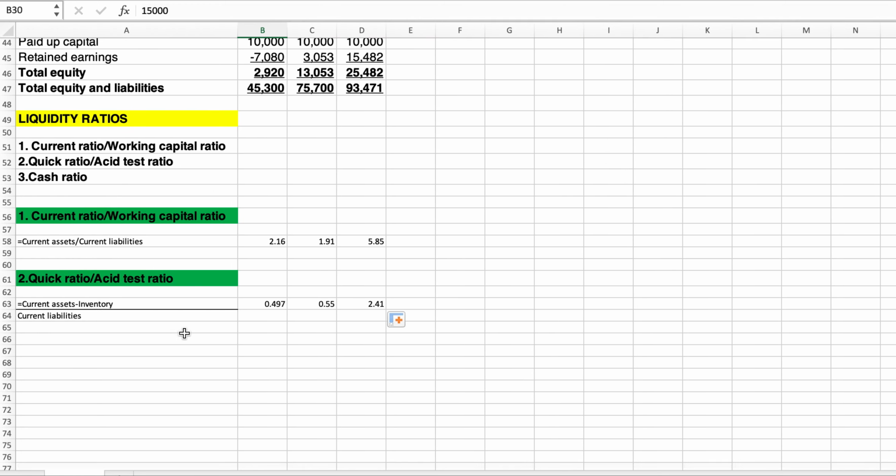Okay, so we can put an NB here, a note to remember, and say: use average inventory if you have been given the opening inventory.